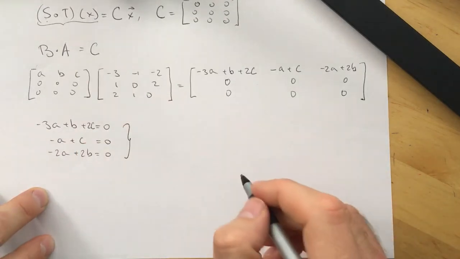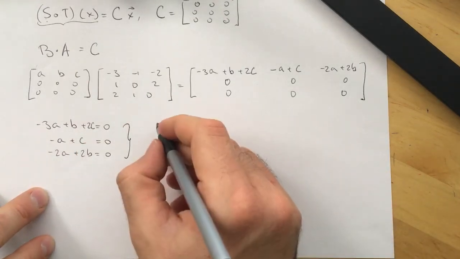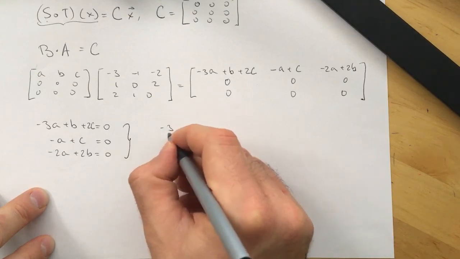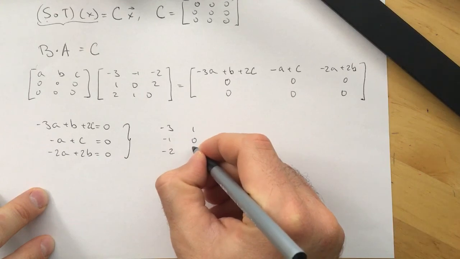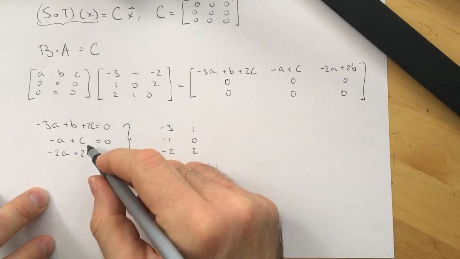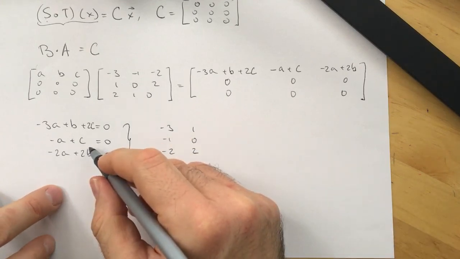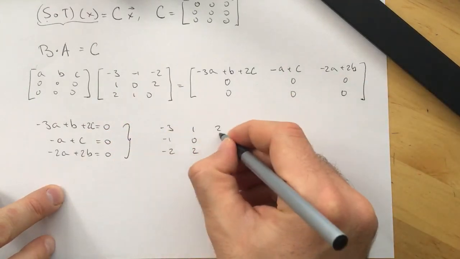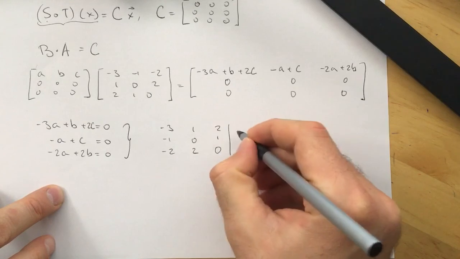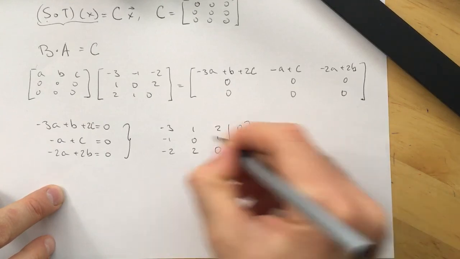But this leads me to another matrix, which is [-3, -1, -2; 1, 0, 2; 2, 1, 0; 0, 0, 0].